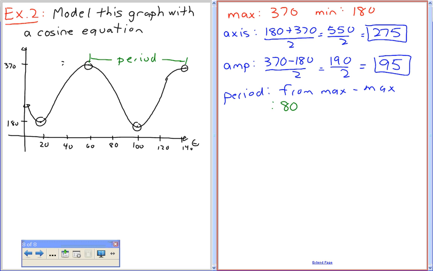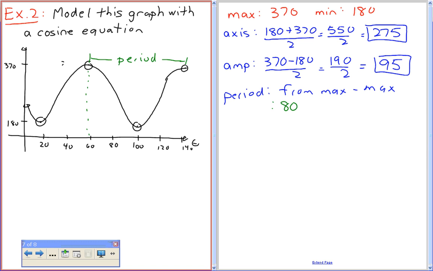So it's an 80-degree shift until it repeats. An 80-degree cycle. So again, you're going from 60 here to 140 there, and the distance is going to be 80.